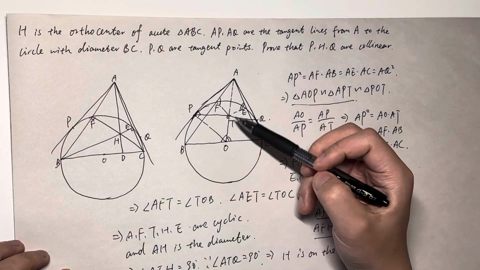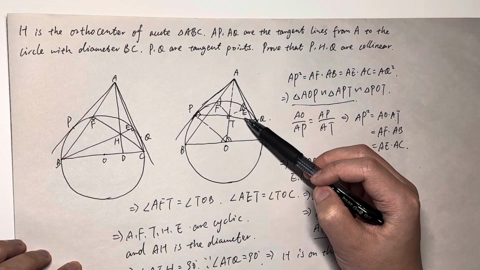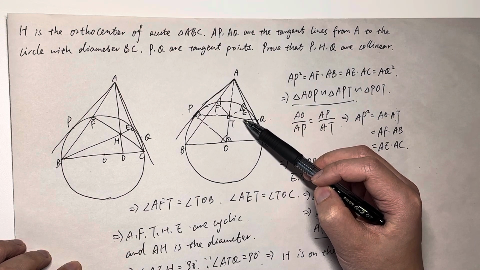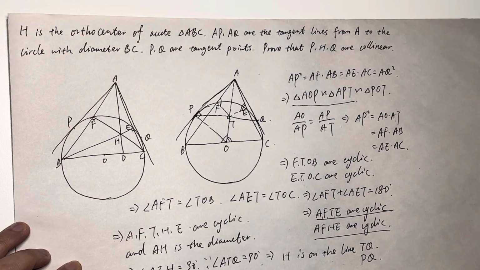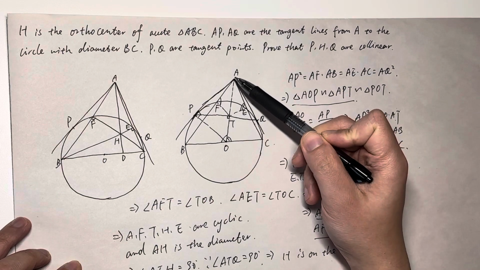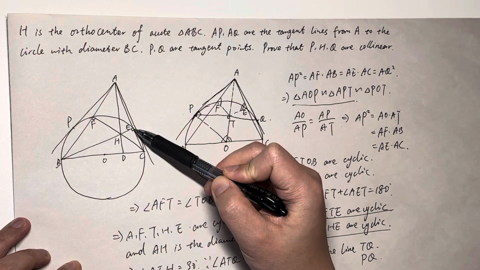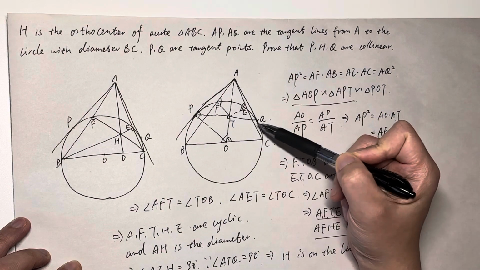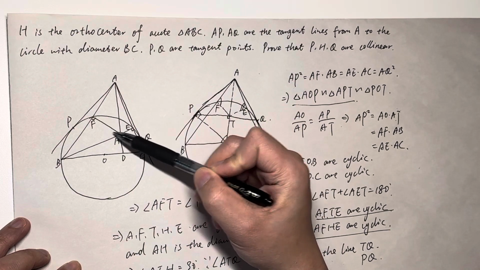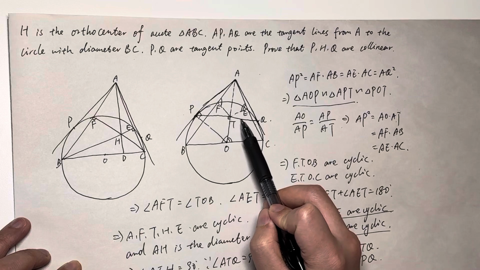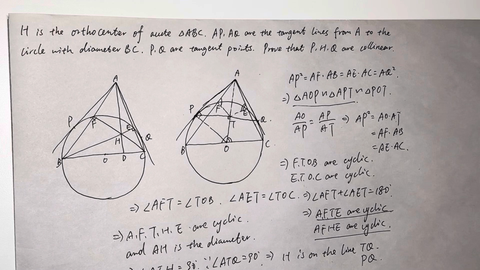And then we find that FTOB, ETOC, AFTE are all cyclic quadrilaterals. Based on that, we actually find that AFTHE are cyclic, right? And we know that angle ATQ is 90 degrees, and also angle ATH is 90 degrees. That means PTHQ are collinear, right?